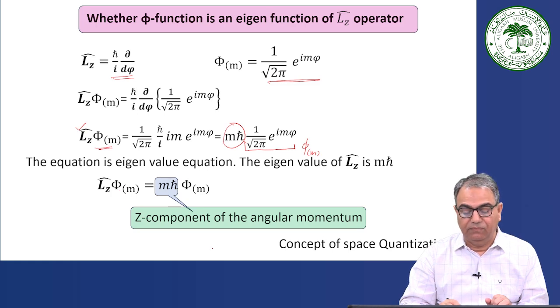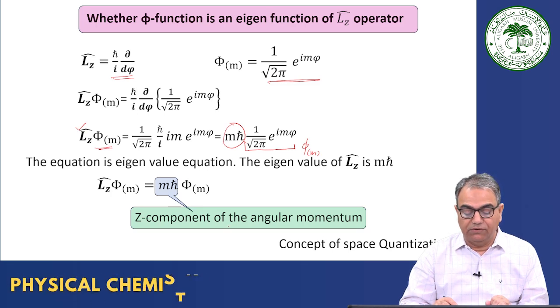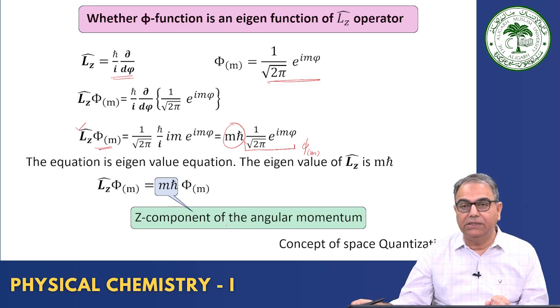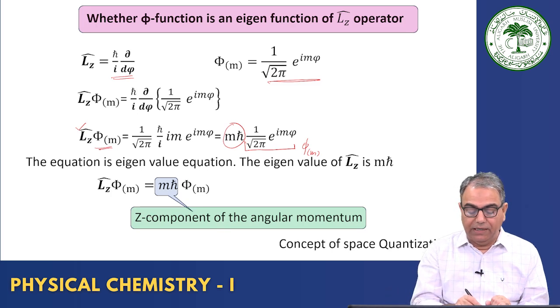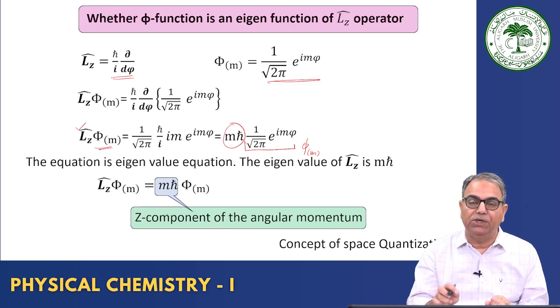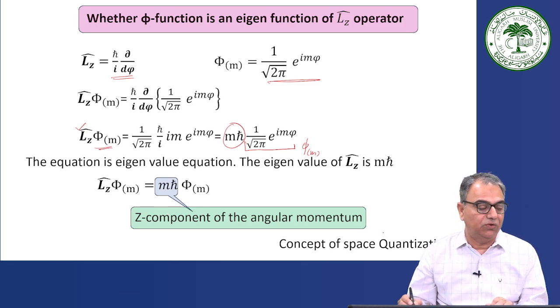Further, since the m value is limited and quantized, it tells about a specific direction of the z component of the angular momentum, because m is quantized and m has values 0, plus minus 1, plus minus 2.